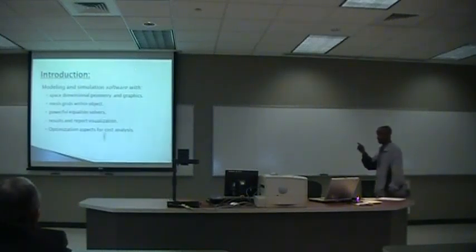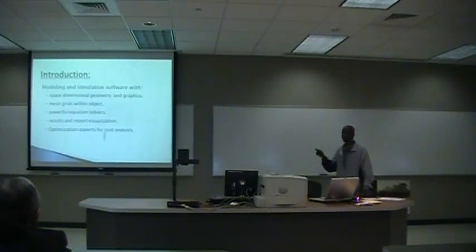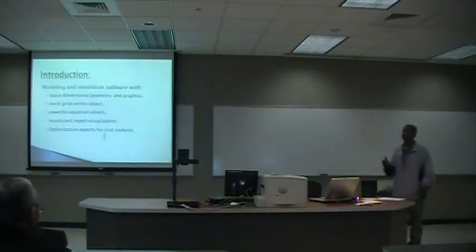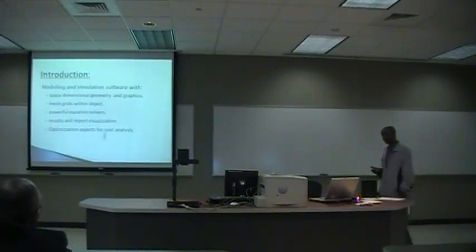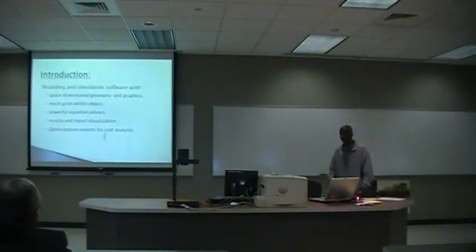So it has very powerful equation solvers, and it also gives you a panel to view your work, and for the optimization, it also gives you ways of going about making the cost analysis, because that must be the ultimate goal in a design work.